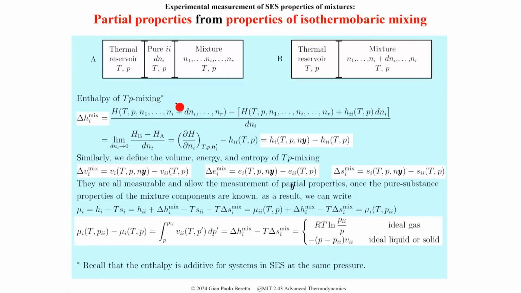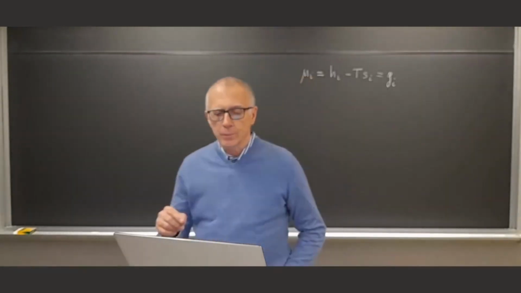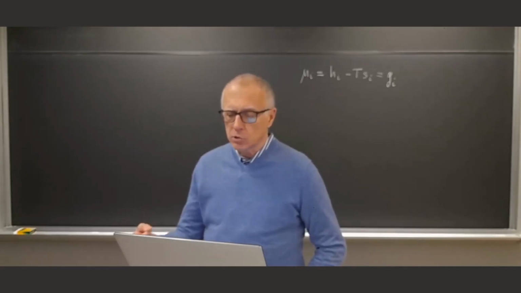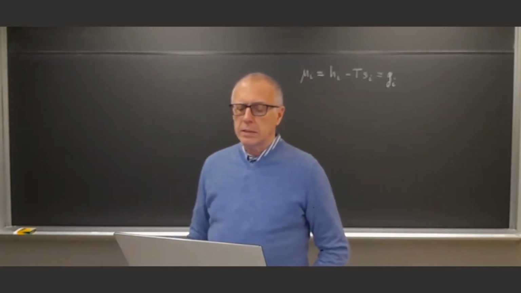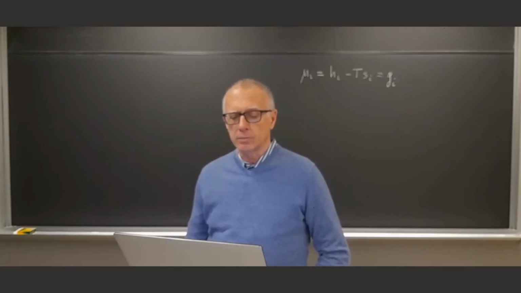Now, if we take this and divide it by the amount of constituent I that we have added to the mixture, that defines the change in the enthalpy due to the addition of a small amount of that component.